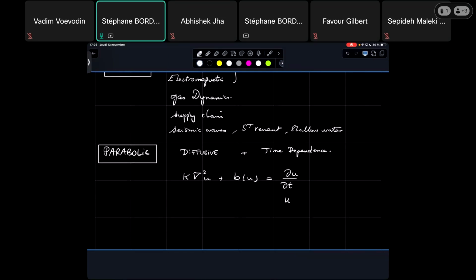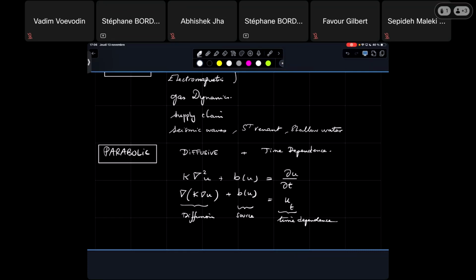You can also write it u_t, and sometimes you write it like that. So that term is the source, that is the diffusion, and that is the time dependence. That's the change in u over time.